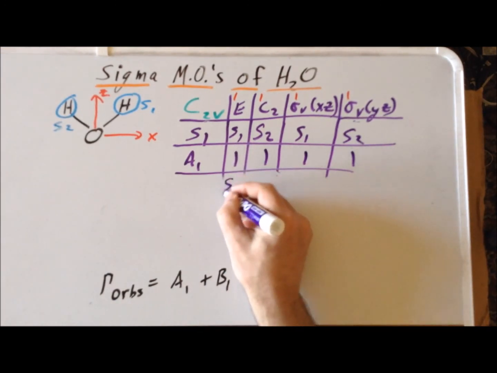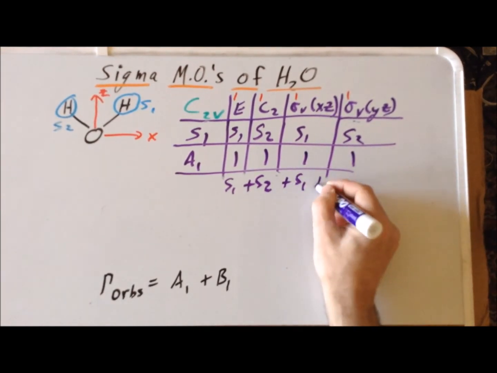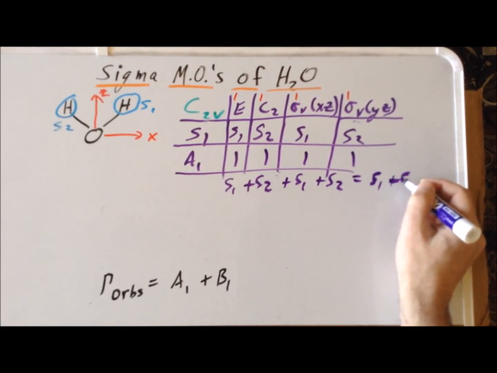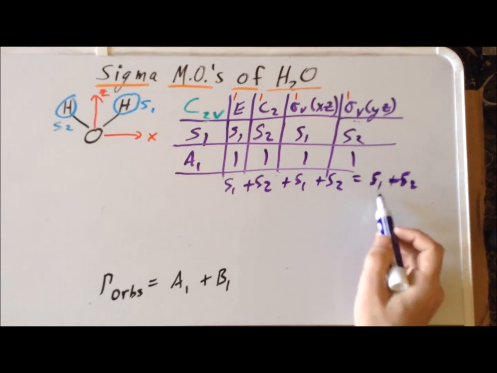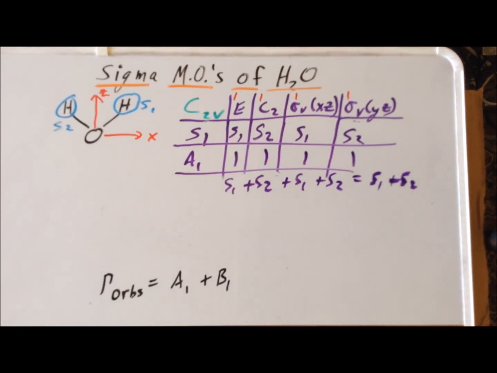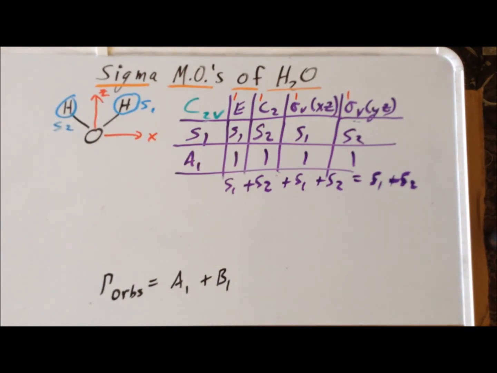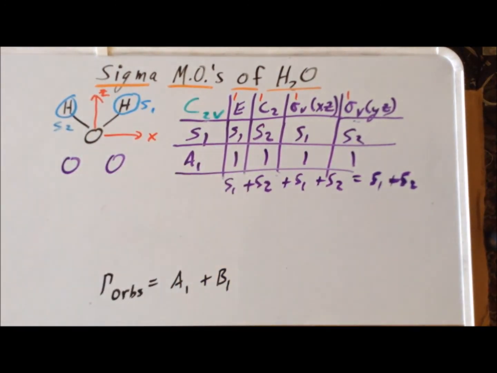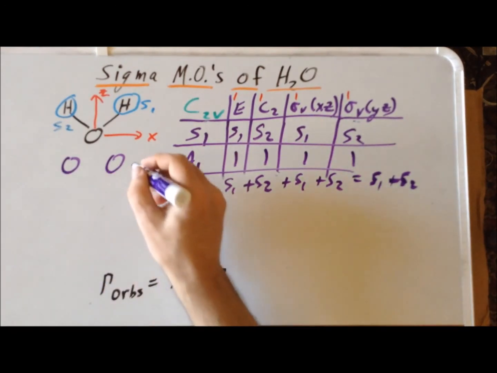So we have S1 plus S2 plus S1 plus S2, and this can be reduced down to S1 plus S2. And we can interpret positive numbers. The coefficients for S1 and S2 are each positive, which means that S1 and S2 have the same phase. So a shorthand way of writing that is simply writing each of the s orbitals, the 1s orbitals on hydrogen, simply as open circles. So this is the A1 combination.